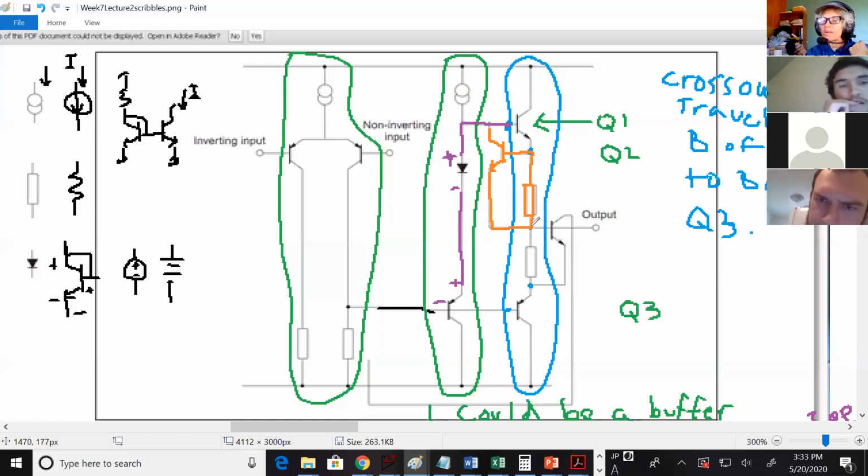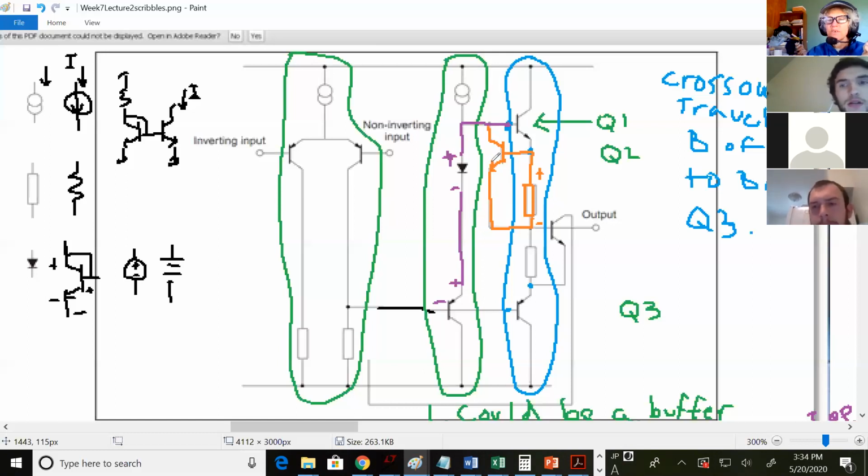Then when a lot of current goes through, what happens to the voltage across the resistor? Goes up. And when the voltage across this resistor gets above VBE on, remember that voltage across the resistor is just the VBE of this transistor, it turns it on, and it actually steals current from the base of Q1.